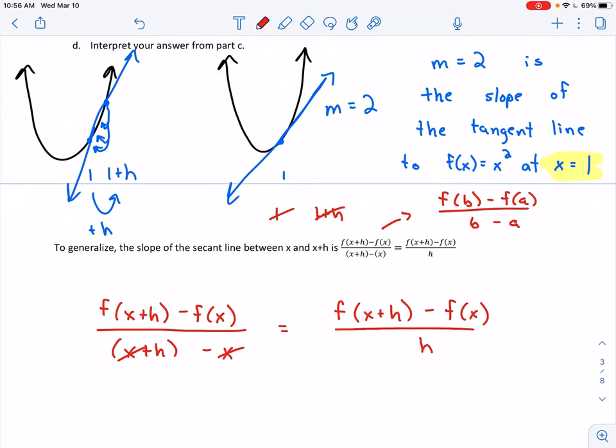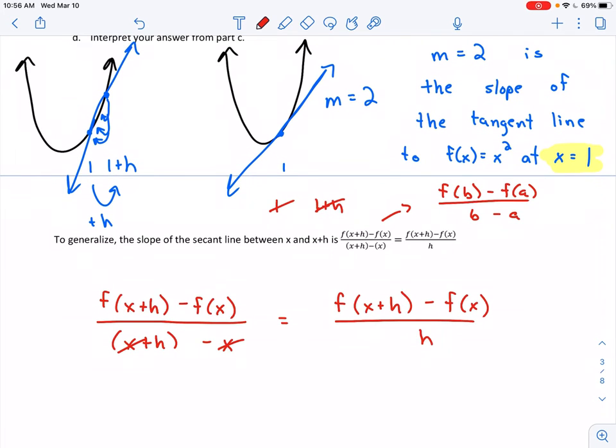So this tells us the slope of the secant line. Hopefully this looks really familiar. If you think back to 2.1, this looks pretty similar to the difference quotient that we had. Here we just have a generic x value rather than a specific one.